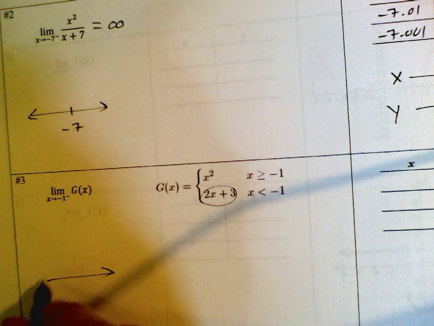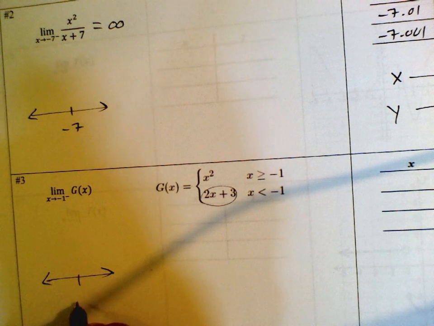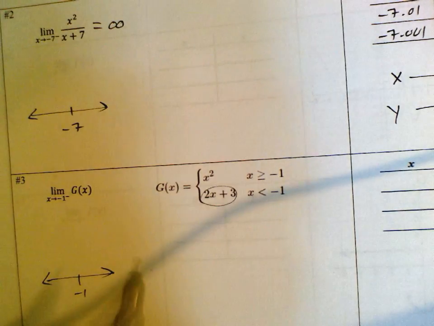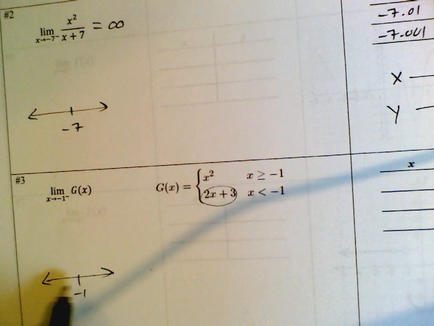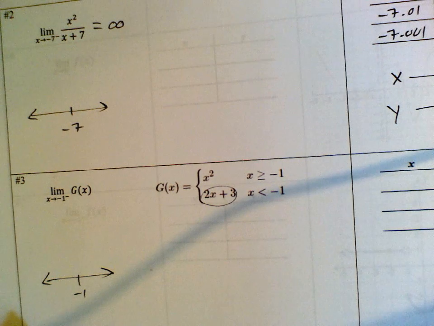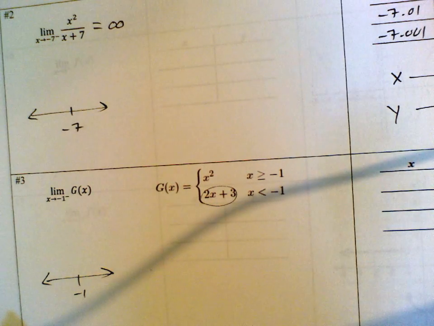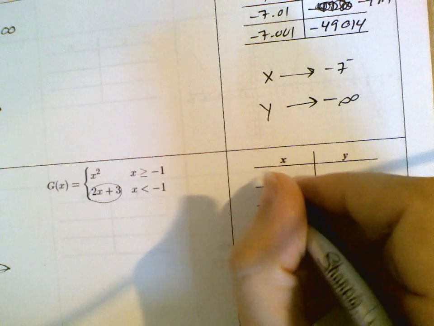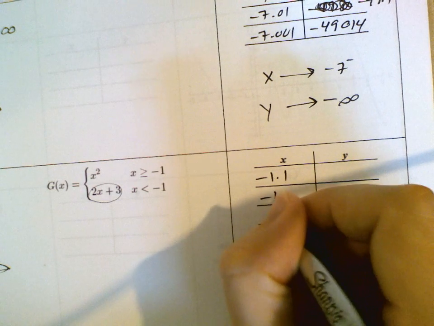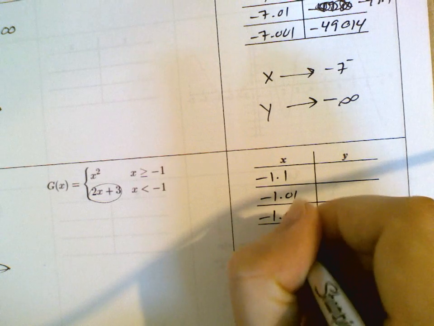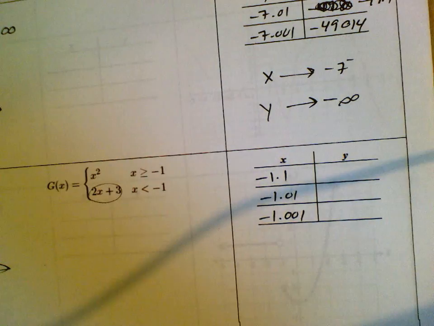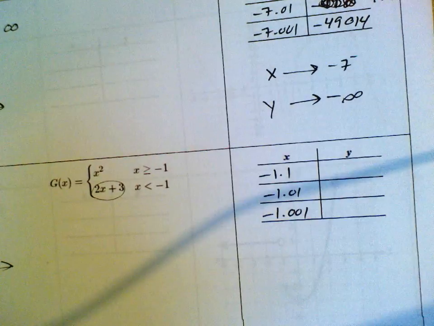So here's a number line. If you don't feel the need for drawing a number line, you don't have to. But I'm approaching negative 1 from the left. For example, negative 1.1 is very close, negative 1.01, negative 1.001. And I'm going to use my calculator again.